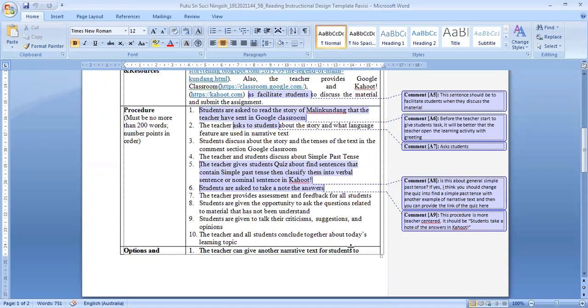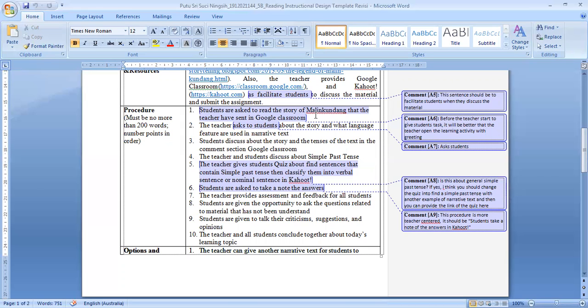I think before students are asked to read the story, it will be better if students and teacher have an interaction in the class, like the teacher greeting the students. I think it will be better if you use the greeting first before the first procedure, that students are asked to read the story.